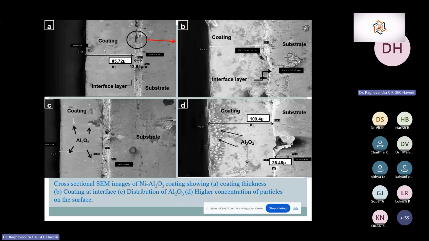With a higher nanoparticle concentration, what happens? We will have agglomeration, or a higher concentration of nanoparticles on the surface itself. This happens because these nanoparticles, for example Al2O3, are neutrally charged in an electrodeposition coating technique.